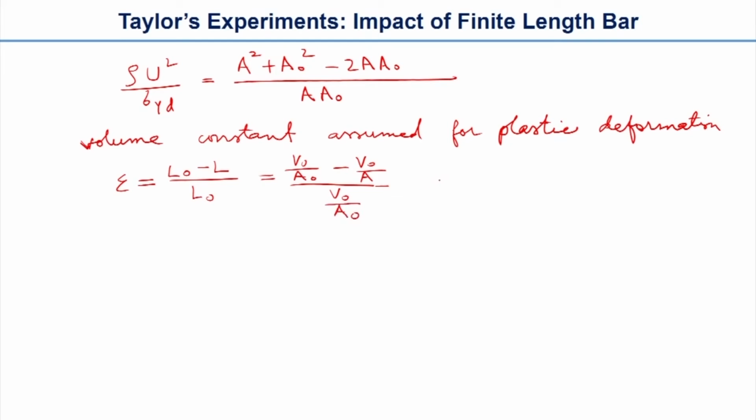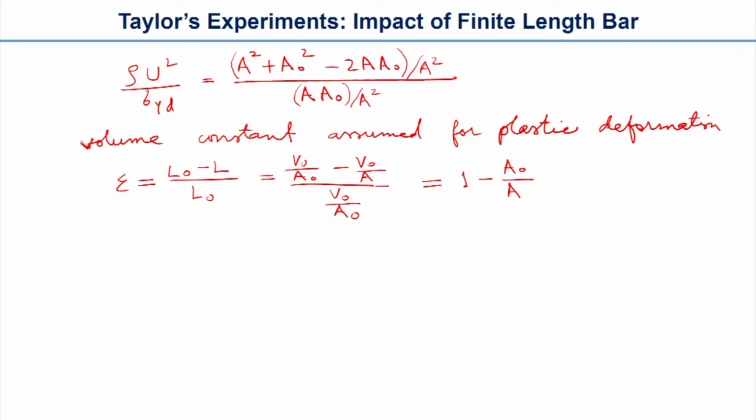That will give us 1 minus A naught by A as the strain. So in the earlier expression, we can divide both numerator and denominator by A square, and then we will see if we can reduce that to an expression of strain.